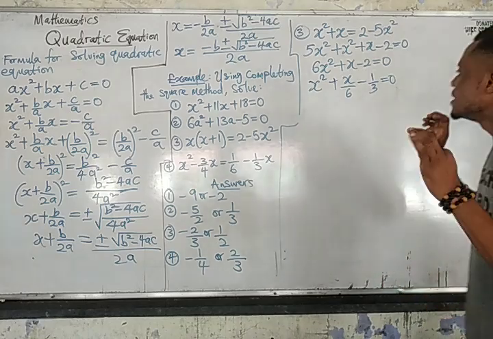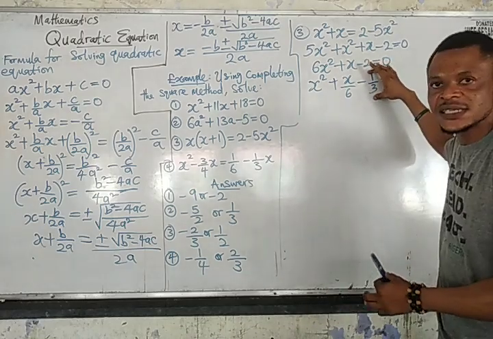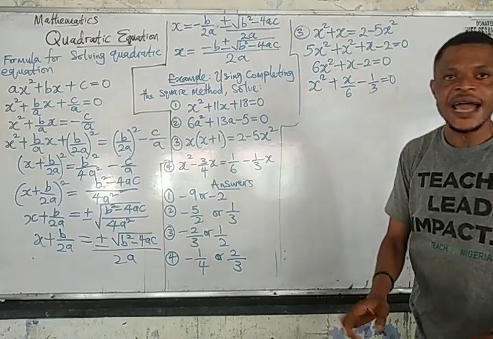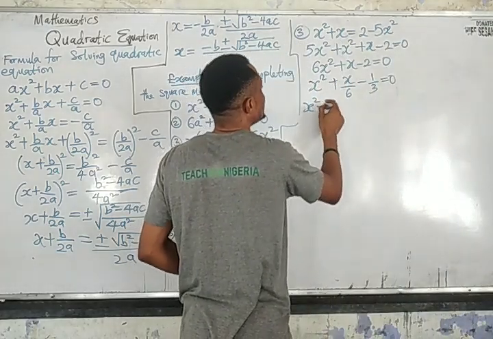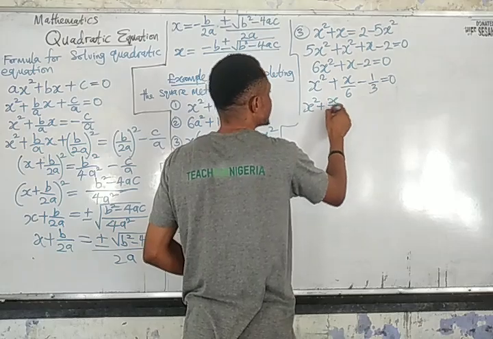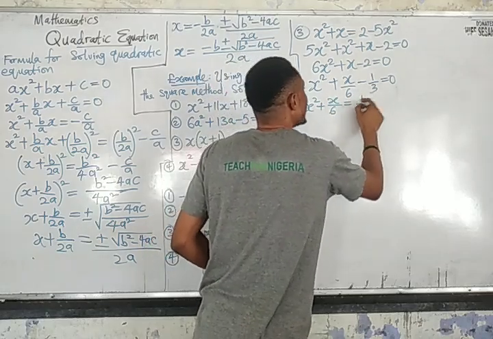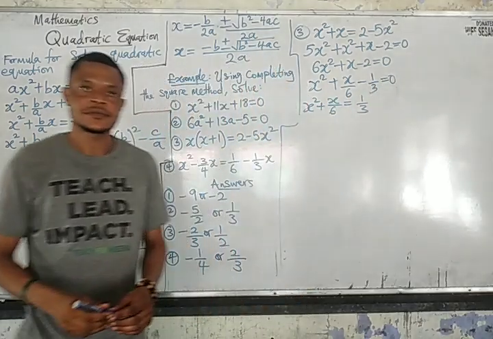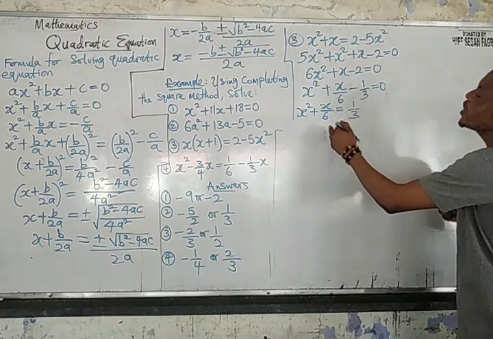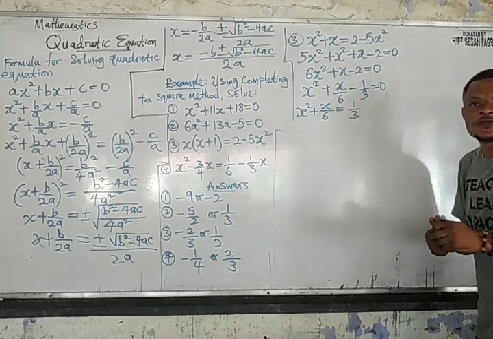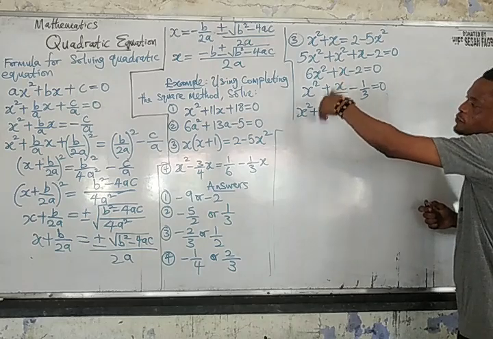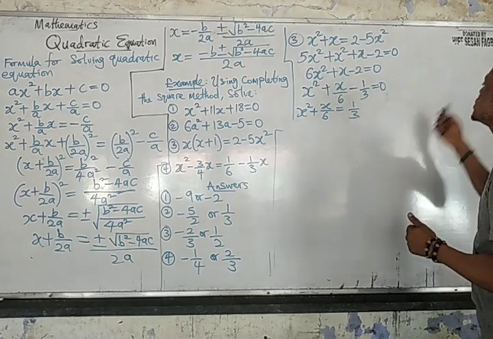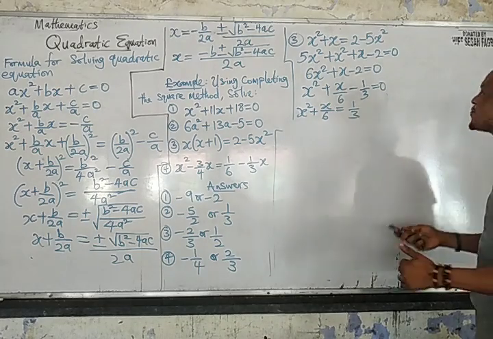Upon doing that, the next step is to move our c to the right side. So I'll do that. X squared plus x all over 6 equals 1 all over 3. From here, we are going to find the half of b as we have been doing earlier. So the half of b here, or let's start with how do we identify the b.